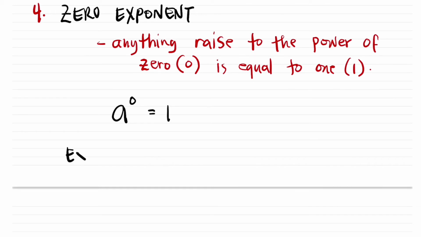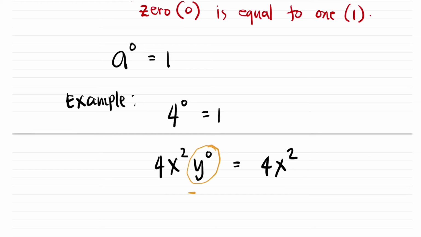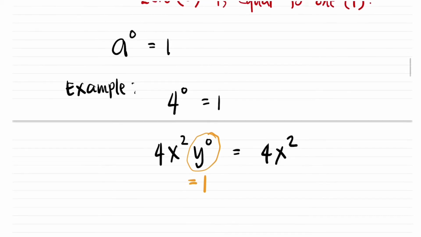Example. I have 4 to the power of 0, the answer is 1. Second example, if we have 4x squared y to the power of 0, the answer will become 4x squared, because y to the power of 0 is equal to 1. So 4x squared times 1, it remains.